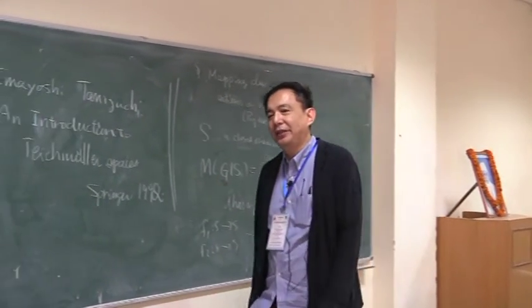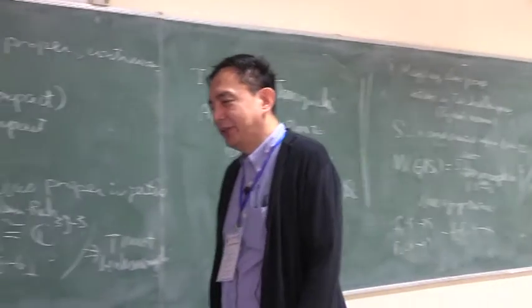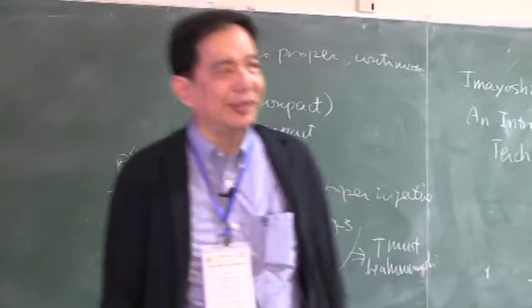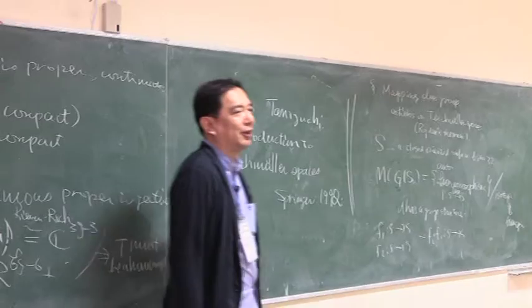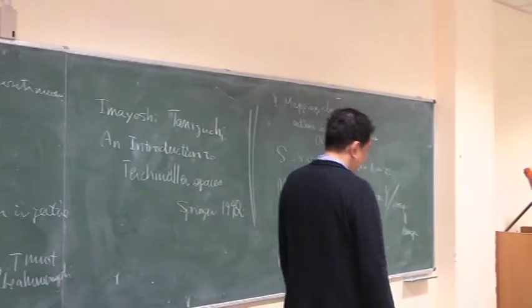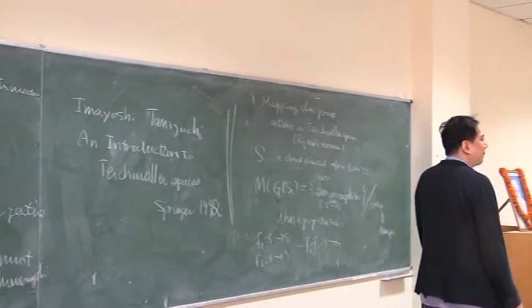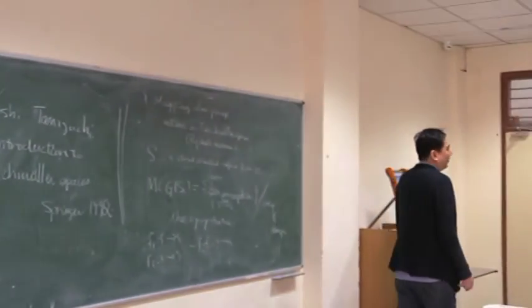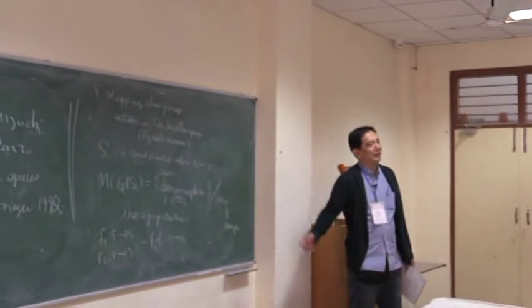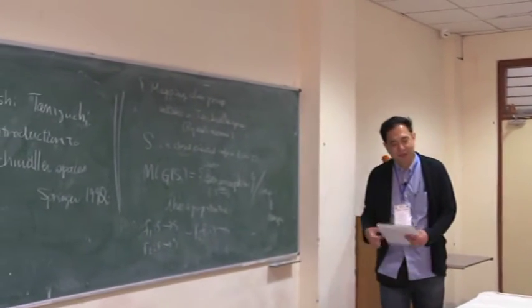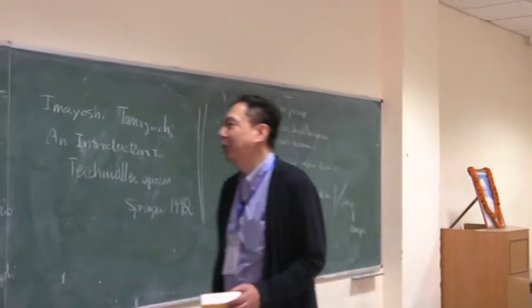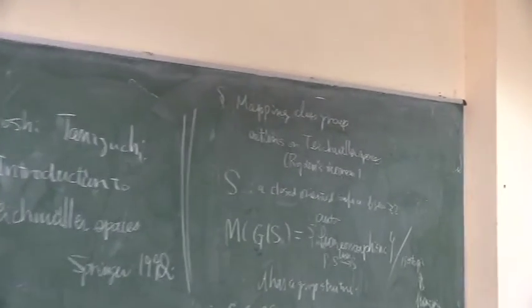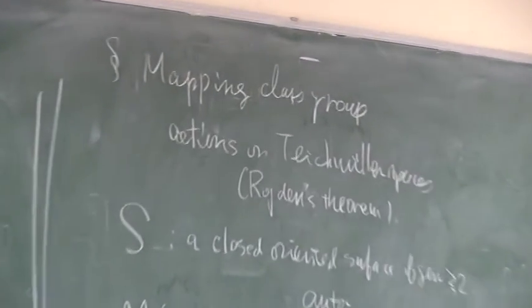It's also known that it's finitely presented, and you have a concrete system of relators. Still, it's very difficult to understand the structure of this group, so there are still many works going on now on this mysterious group.